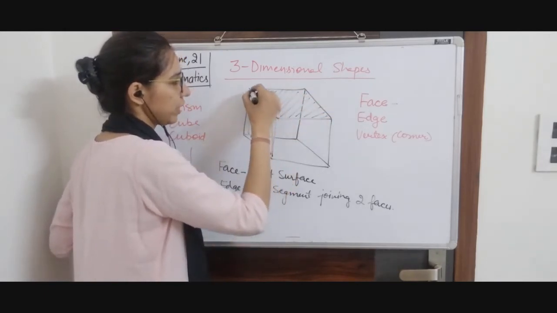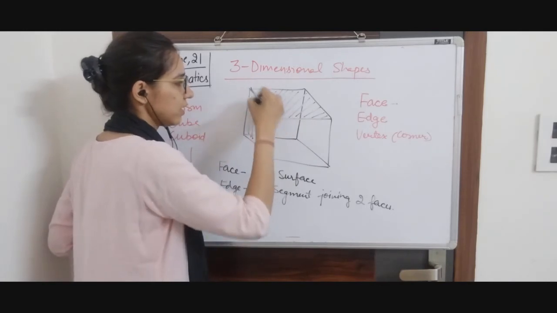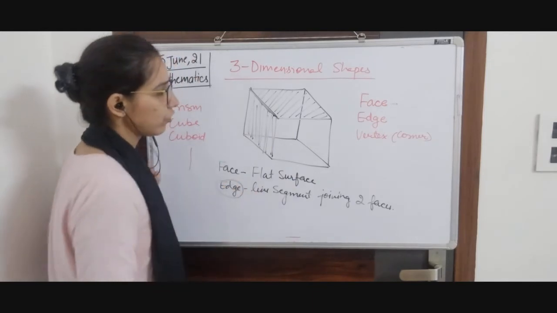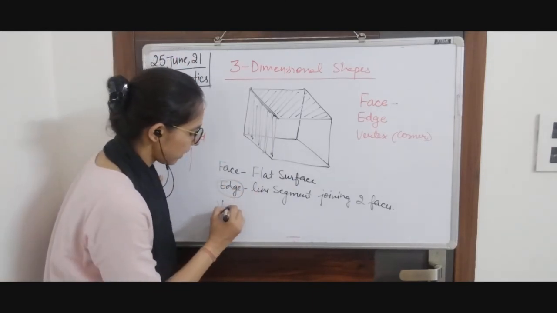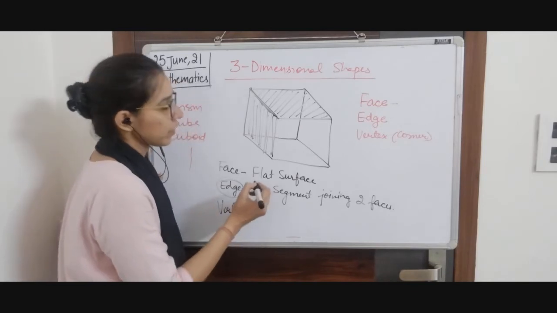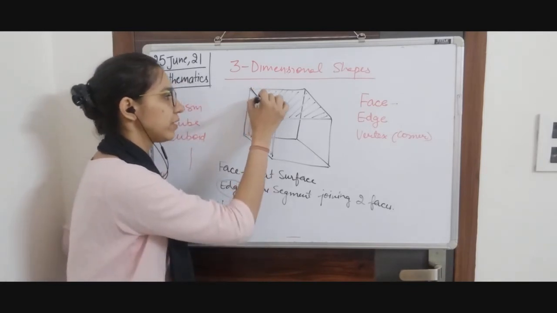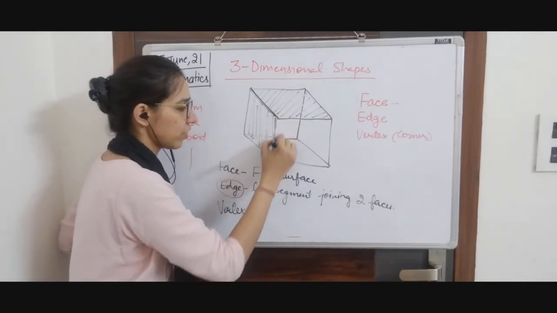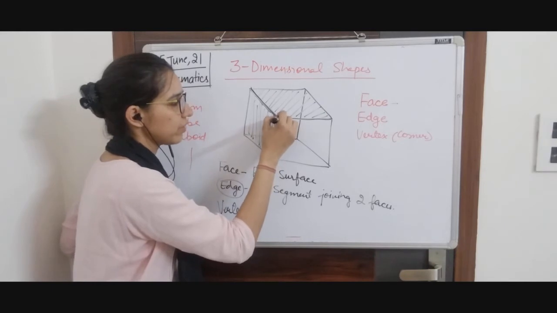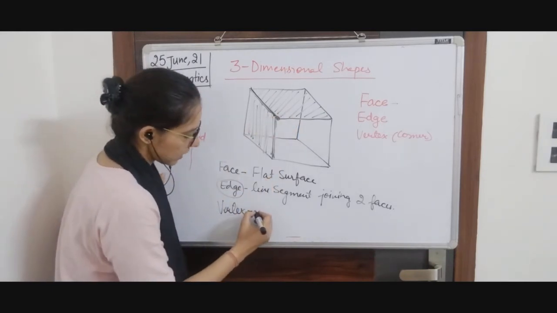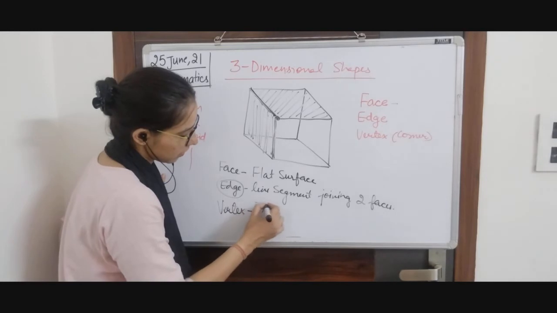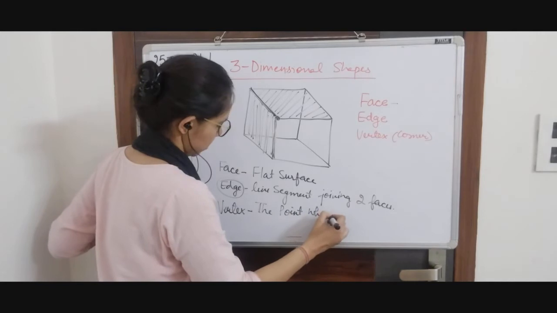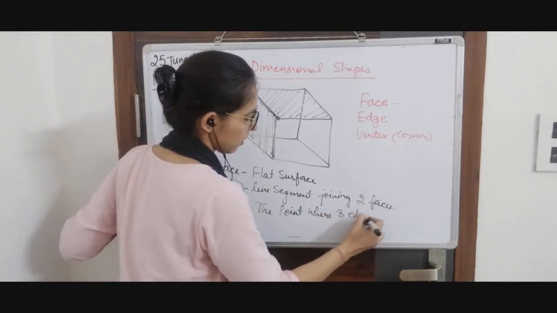The line segment joining them, this line segment will be known as edge. Next we have vertex. Vertex is where three edges meet. This is one edge, this is second edge, and this is our third edge, and they are meeting at this point. This is known as vertex, the point where three edges meet.